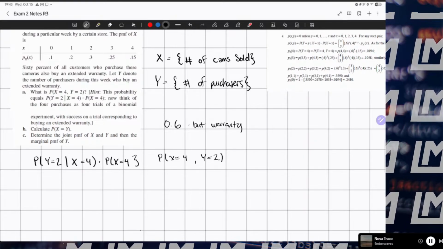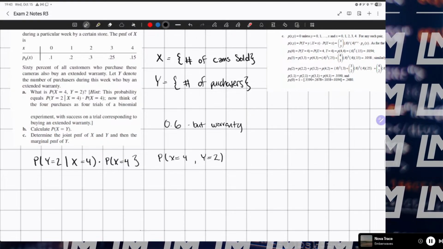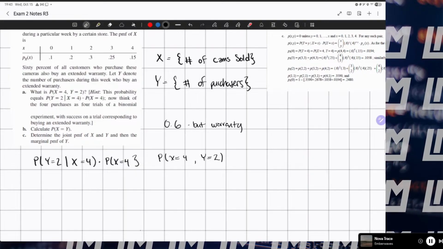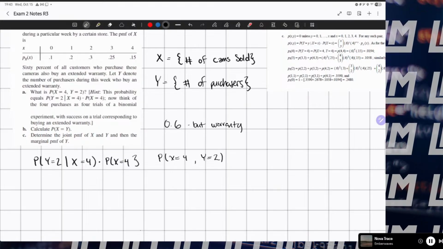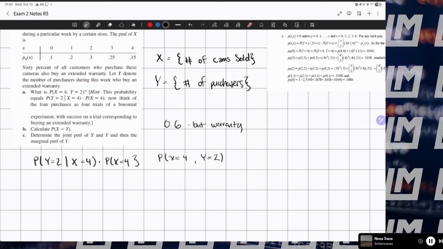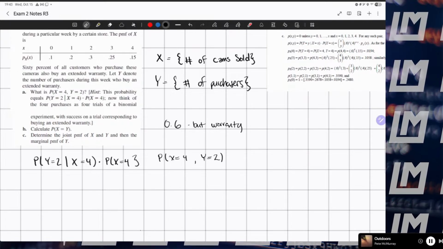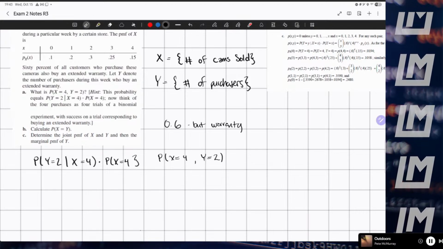And maybe as I'm doing it via Quizlet, it will jog my memory on how to do this one. 5.1 is the section that I'm just doing right now. So this is question 6. So y given x, the number of purchasers x that buy an extended warranty, has a binomial distribution.